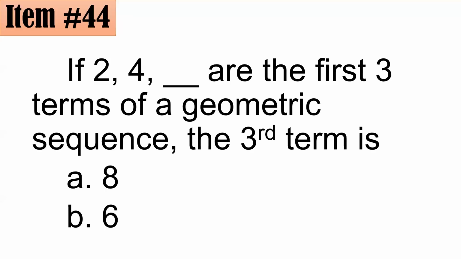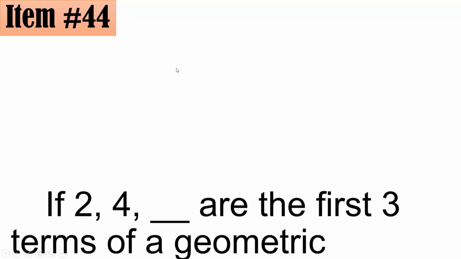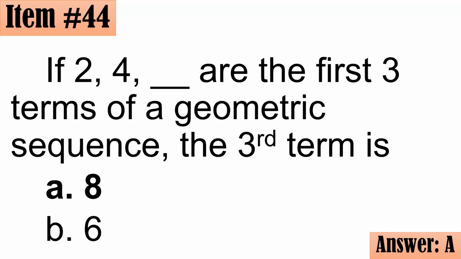Dahil sa geometric sequence, meron po tayong tinatawag na common ratio. So ito po if you divide the second by the first, 4 divided by 2, you will get 2, di po ba? So times 2 po tayo from left to right. 2 times 2, 4. 4 times 2, 8.